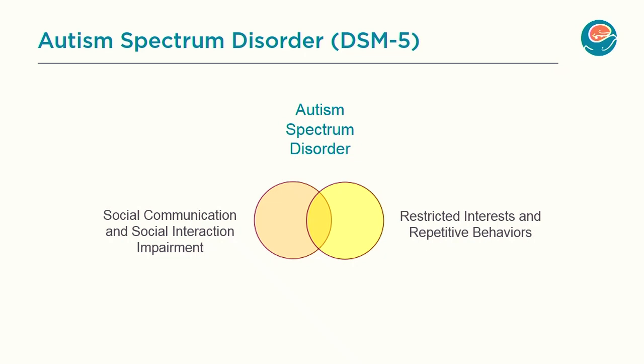The first area is social communication and social interaction, and the other area is having patterns of restricted interest and repetitive behaviors. In order to have a diagnosis of autism spectrum disorder, children must have challenges in both of those areas in order to meet criteria put forth by the Diagnostic Statistical Manual 5th edition, the DSM-5.